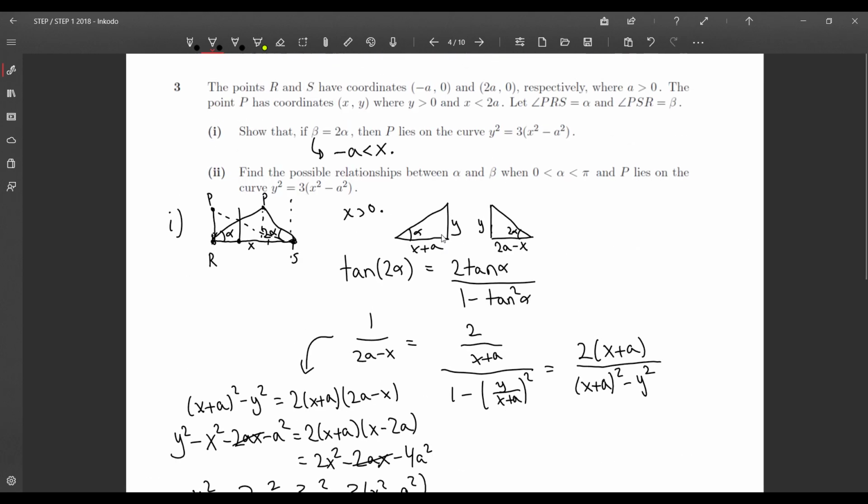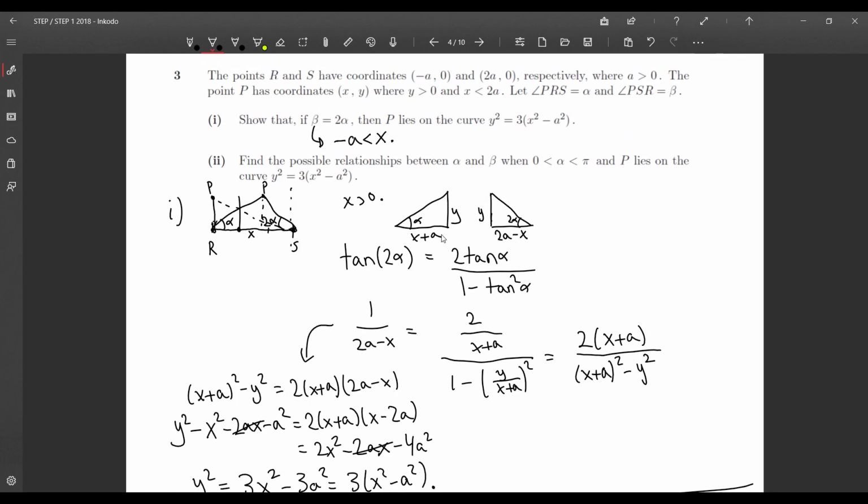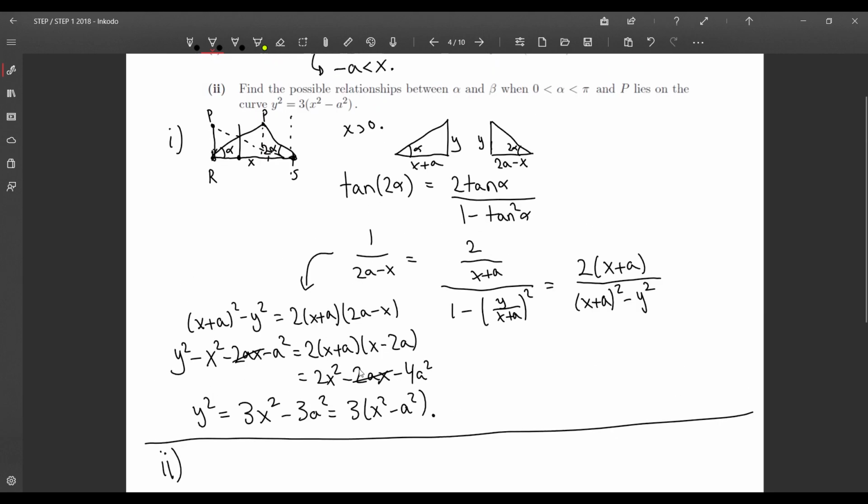So that's part one. Now we want to show the converse. If alpha is between 0 and pi, and p is on this curve. Now, so let's think. Clearly we could work backwards here.